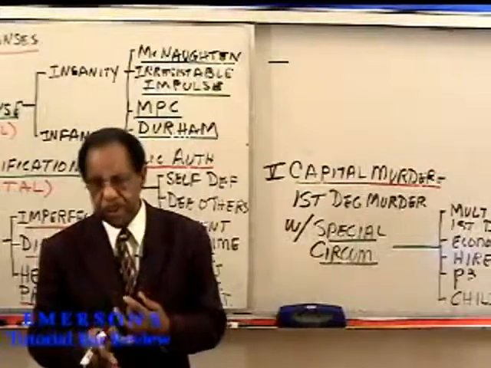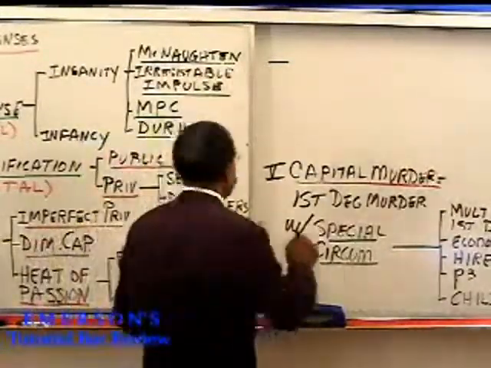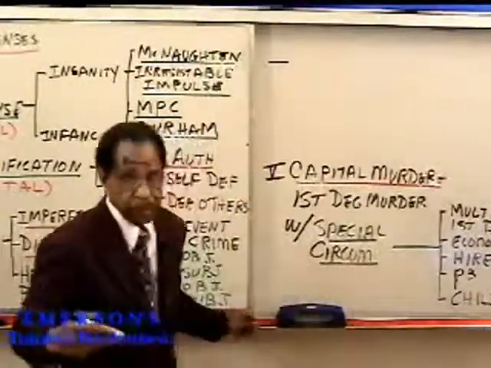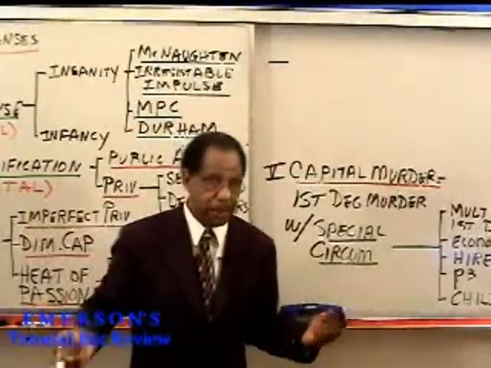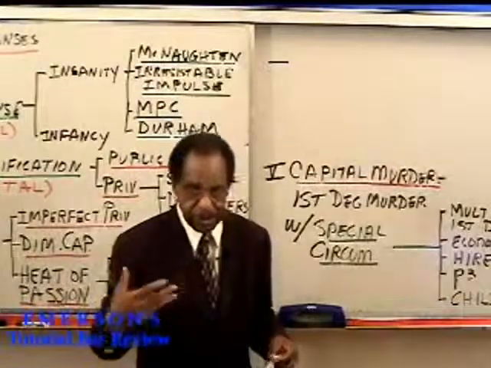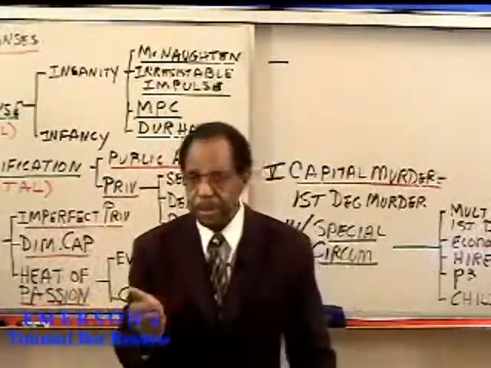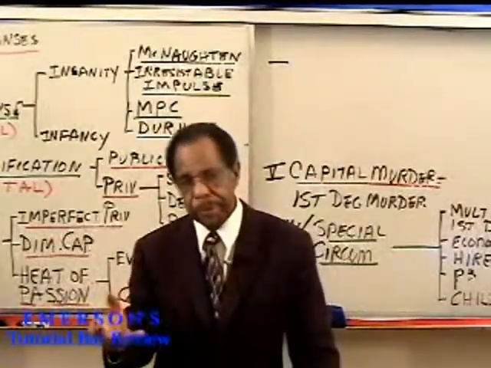Doesn't know what they're doing, didn't know it was wrong. Using the McNaughton test, is Dan a person who, because of a mental disease or defect, we know he's got mental problems, did not know what he was doing when he hit Vic, or did not know it was wrong?